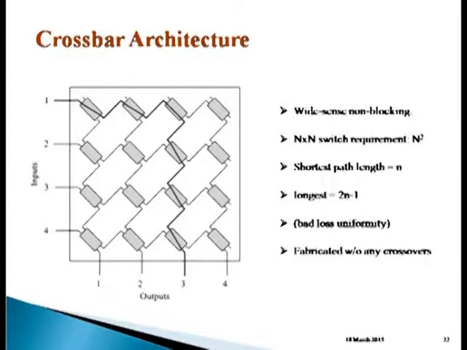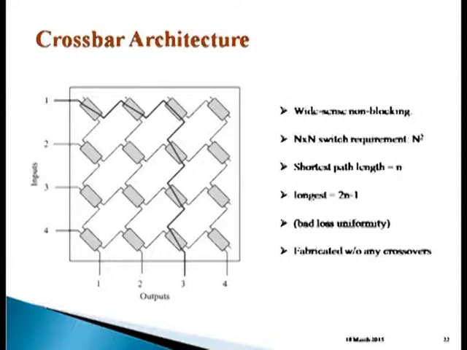But you can see this is wide-sense non-blocking, meaning we can connect all the inputs to all the outputs. I can connect 1 to any output, 1, 2, 3 or 4. Similarly, 2 can be connected with all the outputs. All input-output patterns are possible.